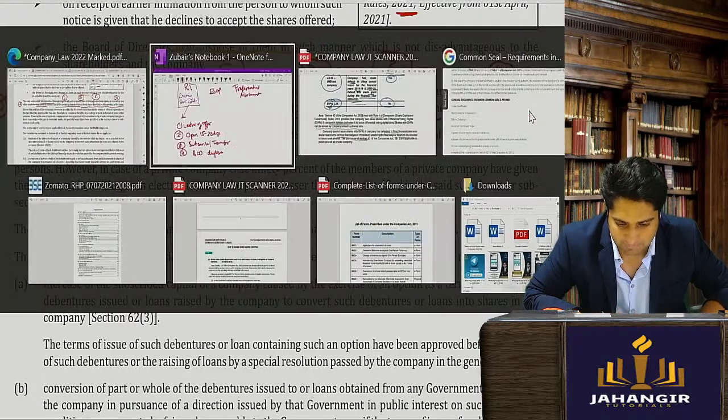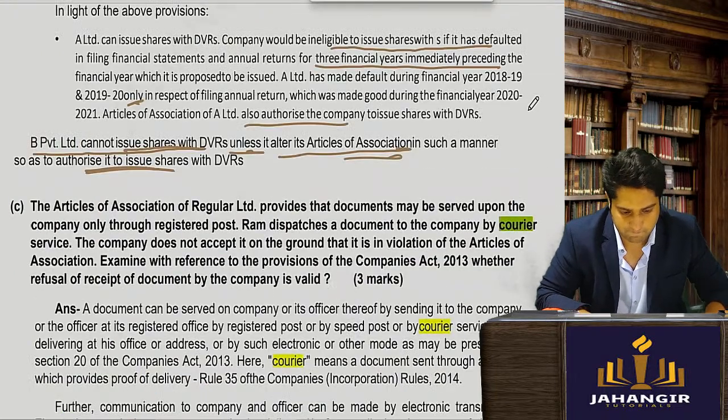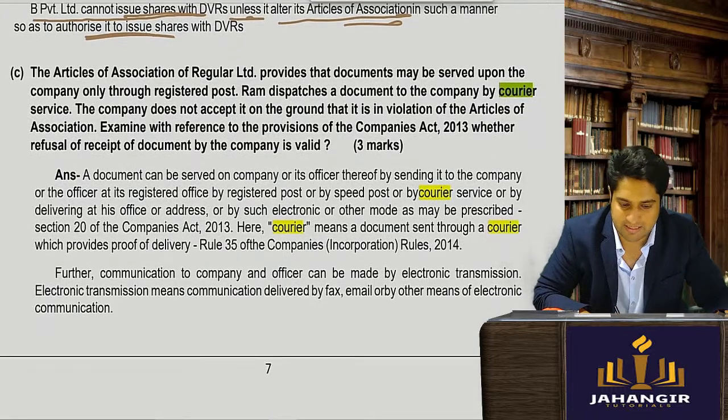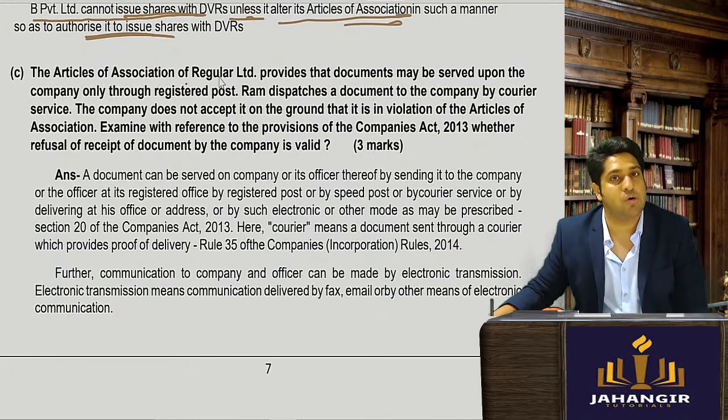Now let's understand this point. There was a past exam question. The articles of association, I want you all to answer this.